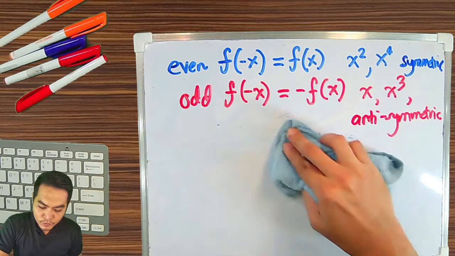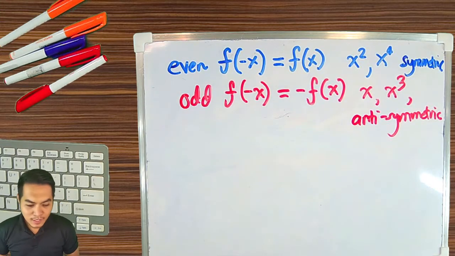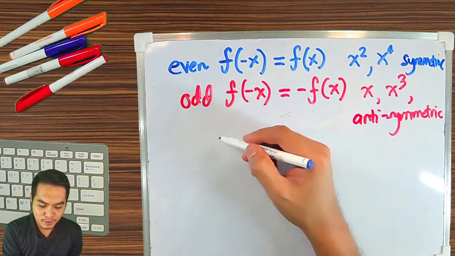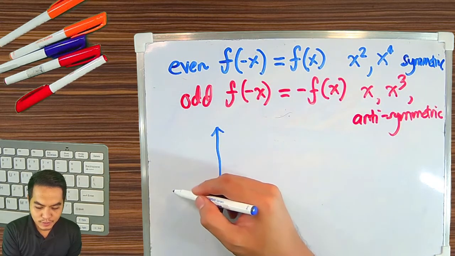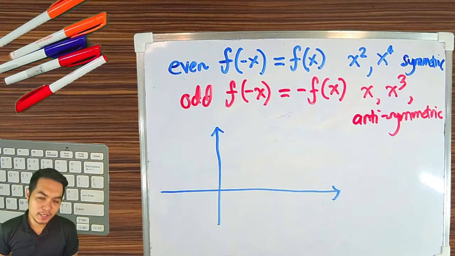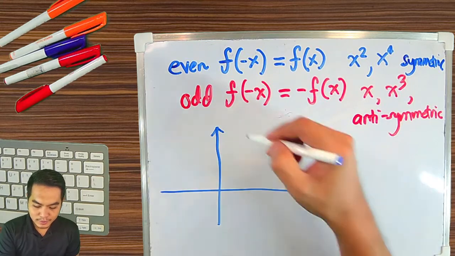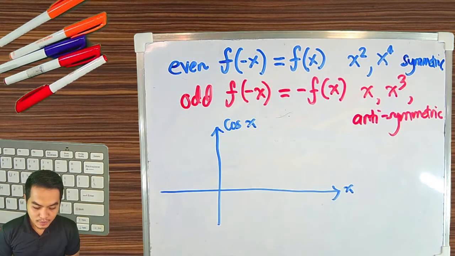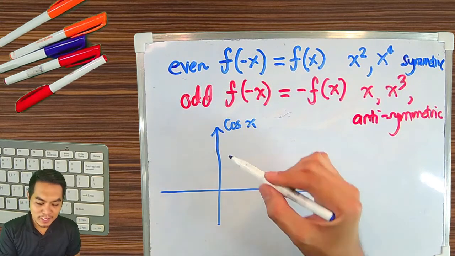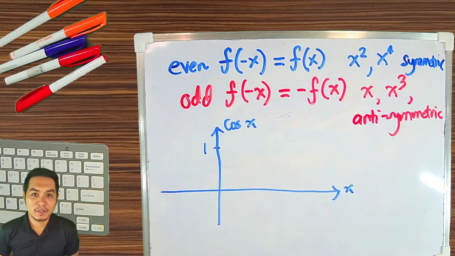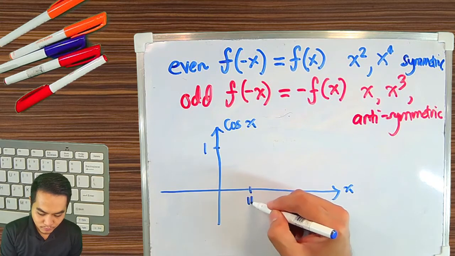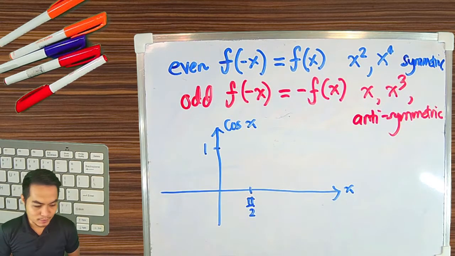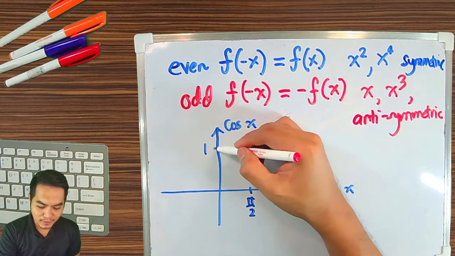To illustrate a symmetric function, for instance cosine, if you graph cosine of x, so this is x, this is cosine of x. Cosine of 0 is actually 1. Cosine of pi over 2 is actually 0. So the graph of cosine is something like this.